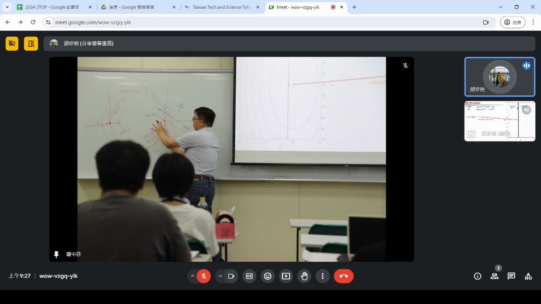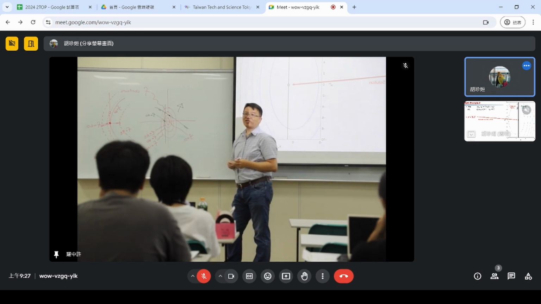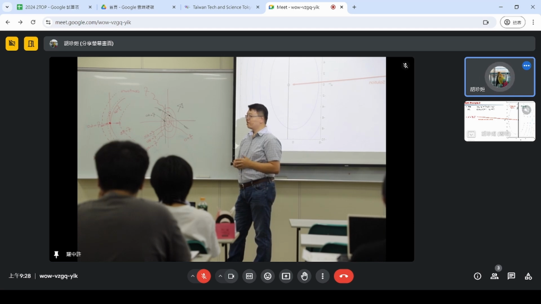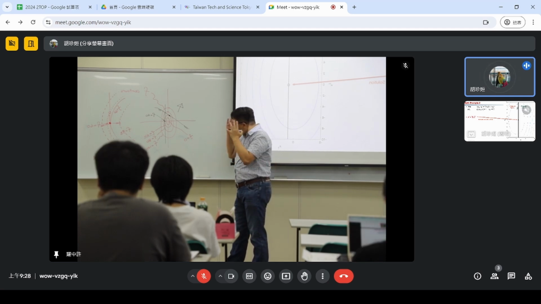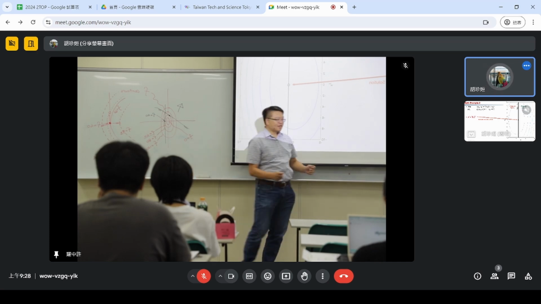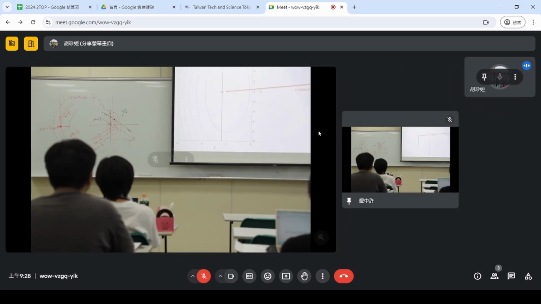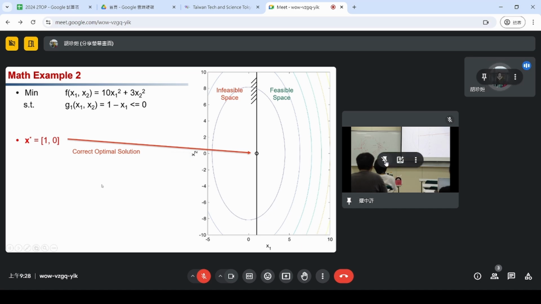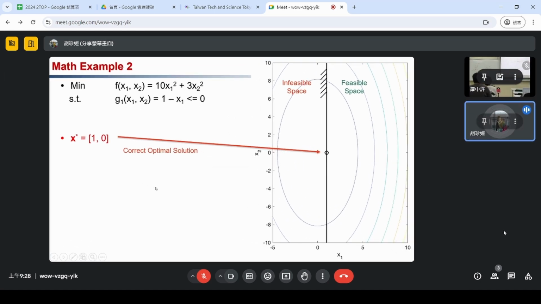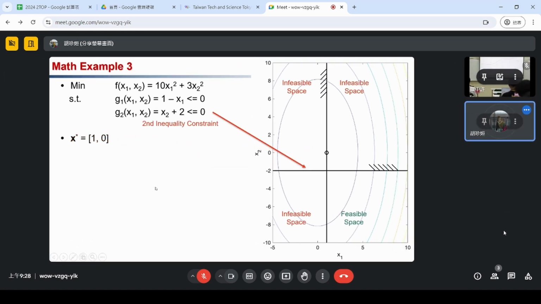From what we have learned in the first example, you realize this tangent point is actually the smallest function value point. Okay? So if you have this kind of sense, it's easy for you to observe where the minimum point is.